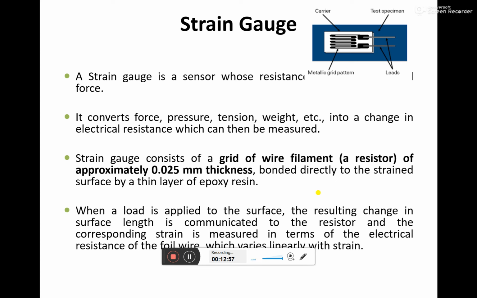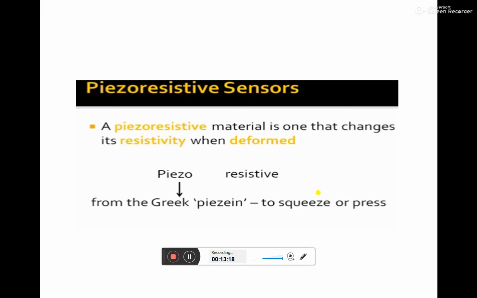Due to that there is a change in the strain value. That strain value is again converted into an appropriate measurable value, like a force value, a pressure value, or a weight value. That is how the strain gauge works.